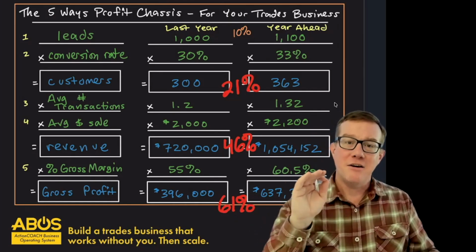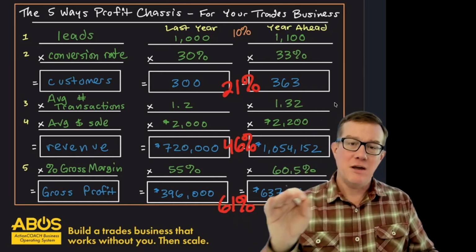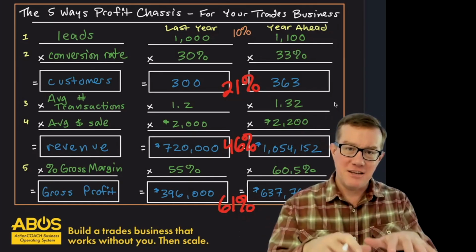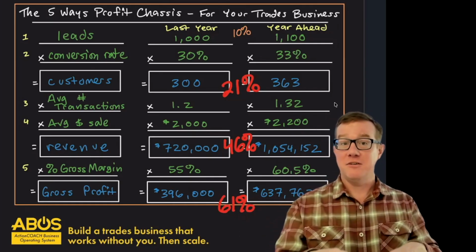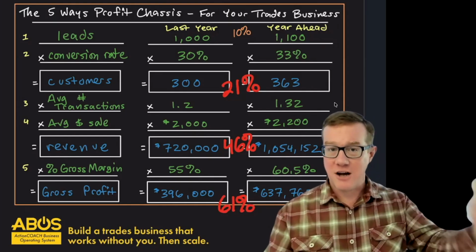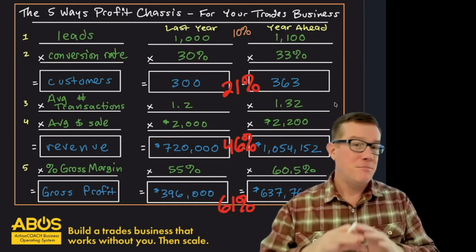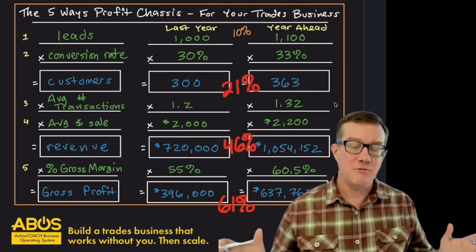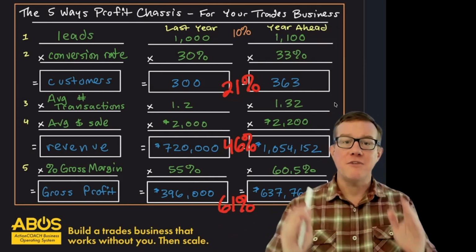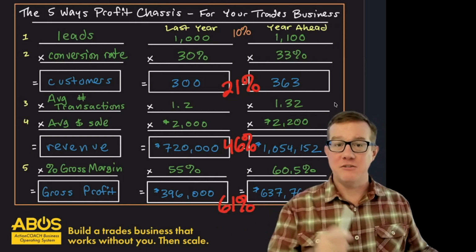You cannot effectively manage what you have not first measured. So we want to manage these 5 areas in your business particularly well, which means that we can have leveraged and compounded improvements. But we can't do that effectively until we've measured it first. That's your homework. Work out the 5 ways for the last 12 months in your business.